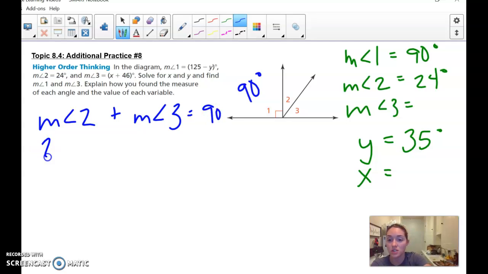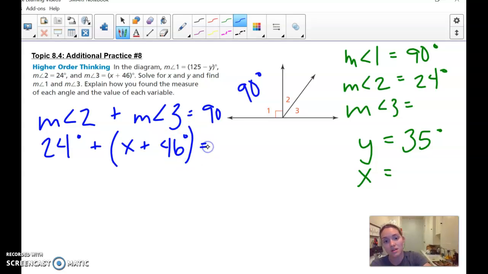So the measure of angle 2 is 24 degrees, and the measure of angle 3 is x plus 46 degrees. All right. Now I have 24 degrees plus x plus 46. I can't do anything inside the parentheses of x plus 46, and since all we're doing is adding, I can move pieces around.